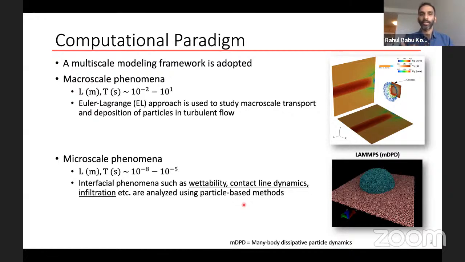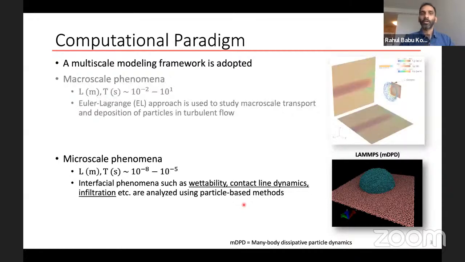We look at the turbulent transport of particles at a macro scale, and at a micro scale, we are concerned about the interfacial phenomena such as wettability, contact line dynamics and infiltration. And for this, we use particle-based methods, MDPD, the many-body dissipative particle dynamics, especially.